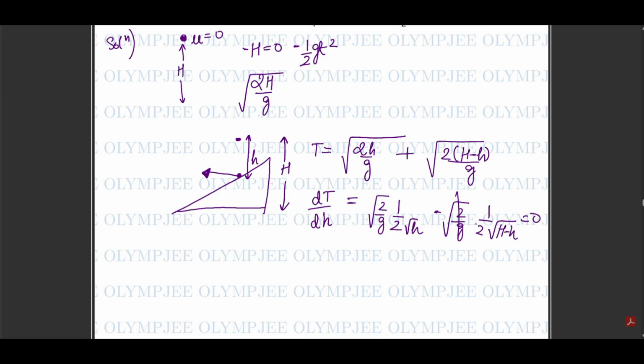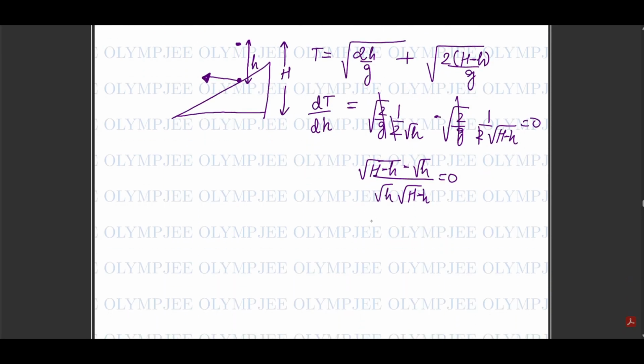Let's cancel out the common. This will give us, so this implies that x is equal to h by 2. So h minus x, which is the answer, is also h by 2.